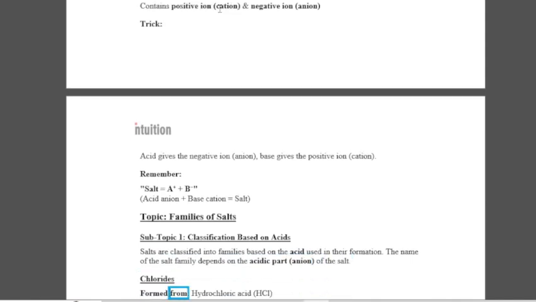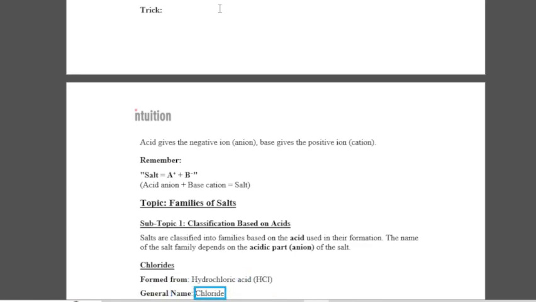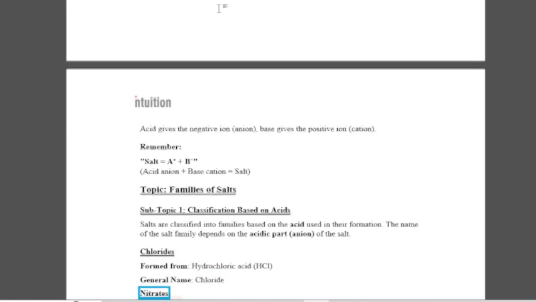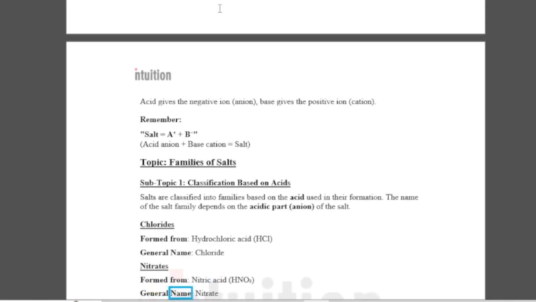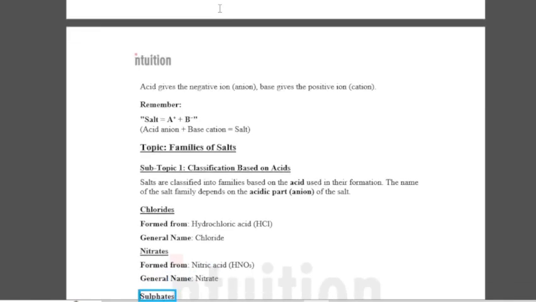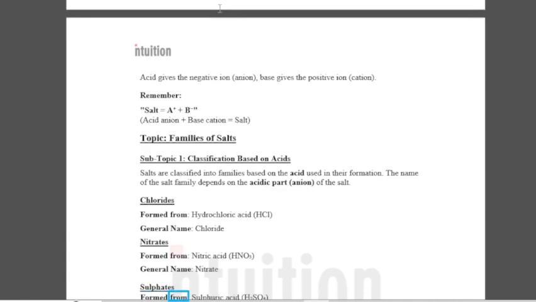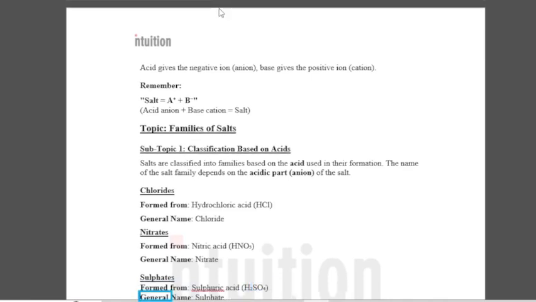Chlorides are formed from hydrochloric acid, HCl; the general name is chloride. Nitrates are formed from nitric acid, HNO3; the general name is nitrate. Sulfates are formed from sulfuric acid, H2SO4; the general name is sulfate.